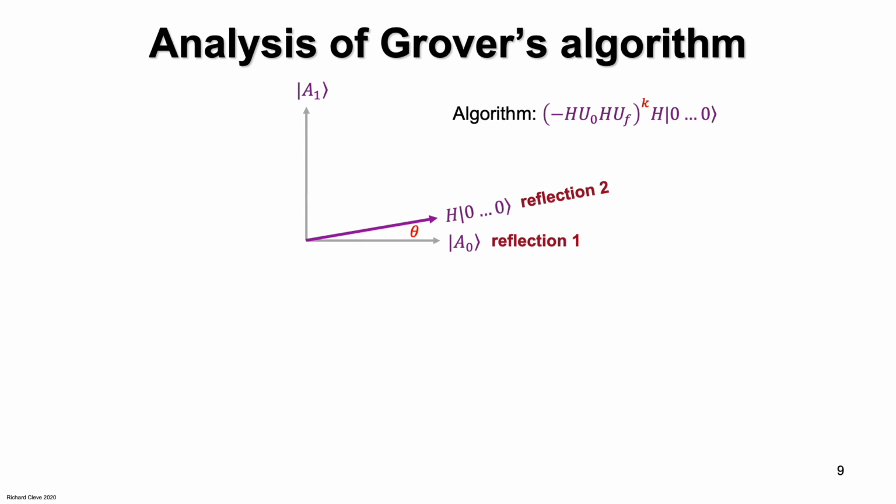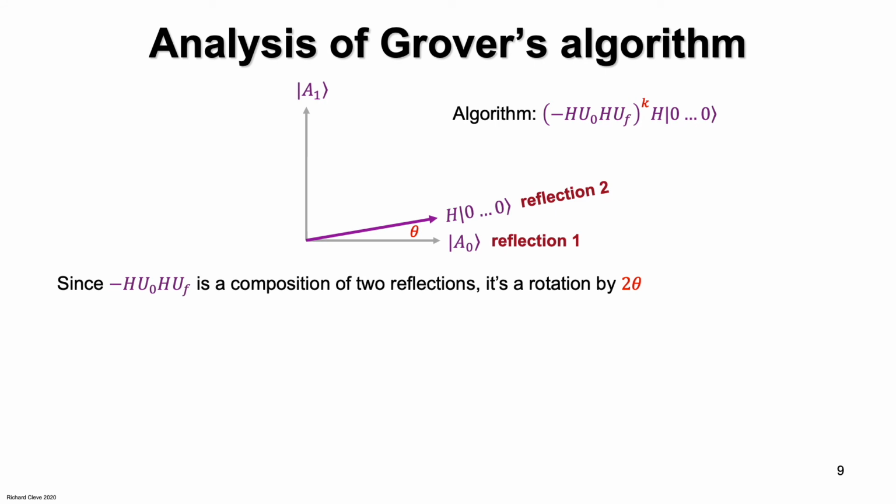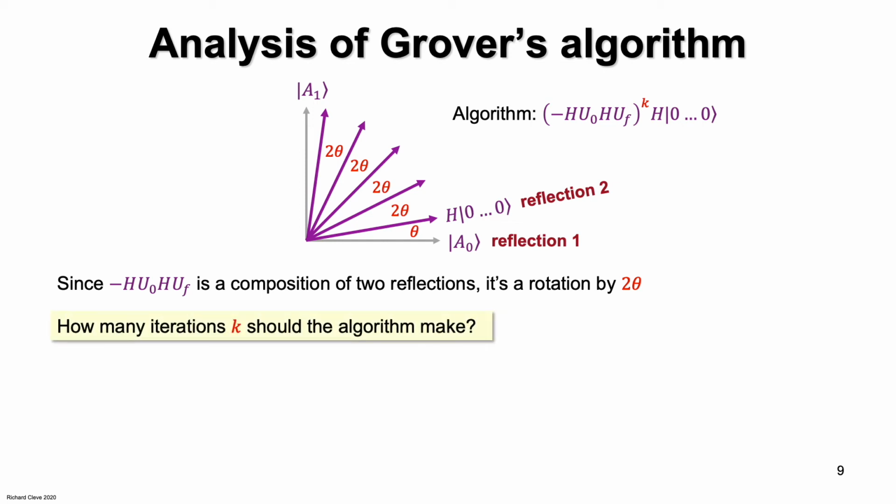So each iteration is a composition of two reflections, and the angle between them is theta. Therefore, each iteration is a rotation by 2 theta. The effect of k iterations is to rotate by k times 2 theta. What should k be set to? How many iterations should the algorithm make to move the state to ket A1?